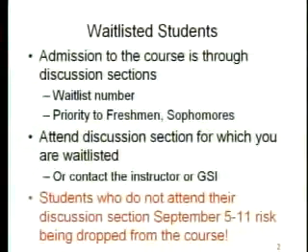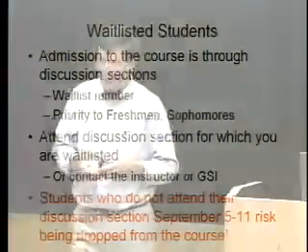First, for waitlisted students who are not enrolled in the course but who want to be, you're on the wait list. If you're not on the wait list and you want to be in the course, get on a wait list, because the way into the course is through discussion sections. So what really matters is not your number on the wait list for the course. What matters is your number on the wait list for a discussion section, which is a lower number.